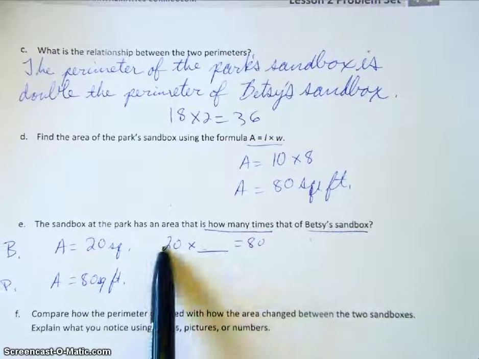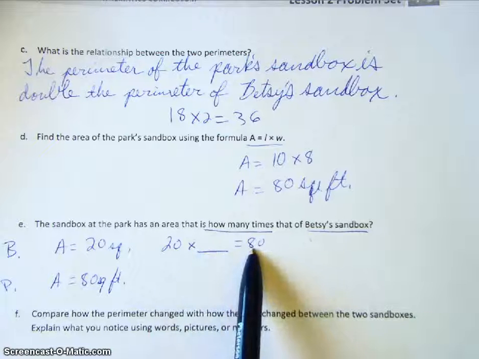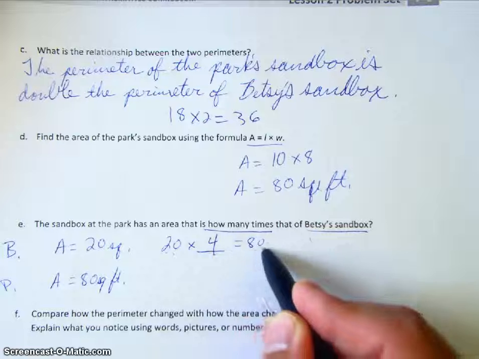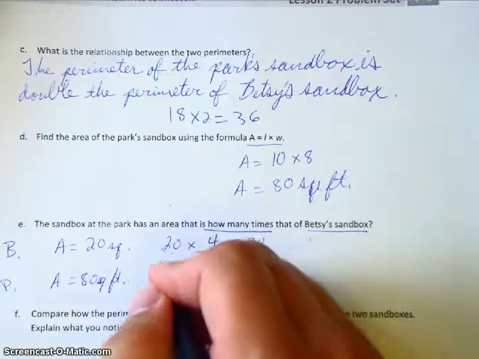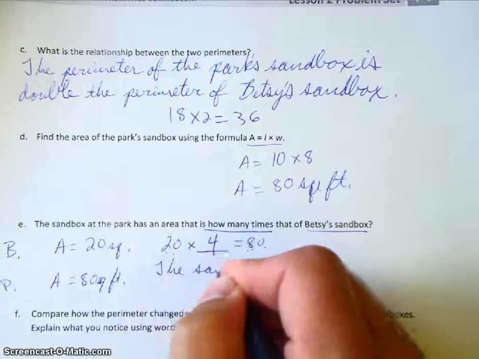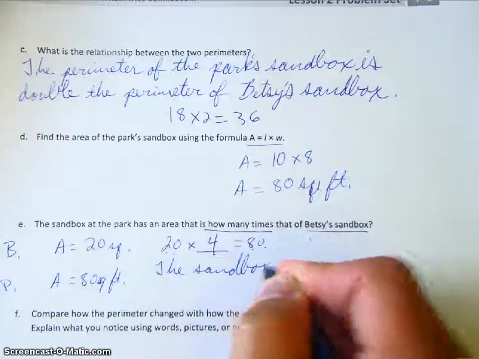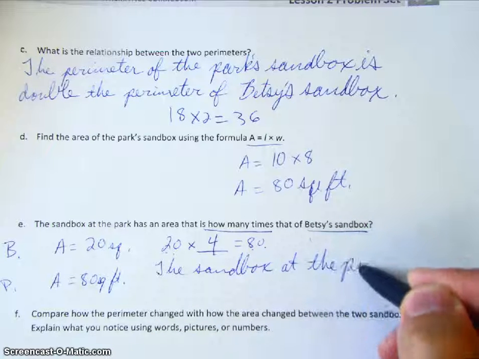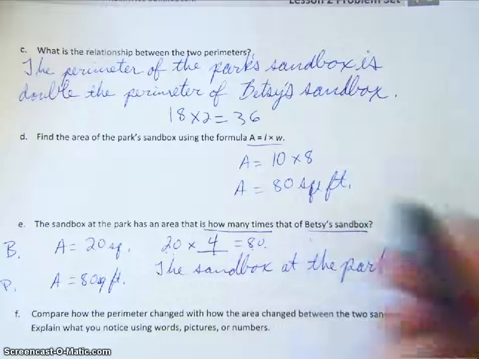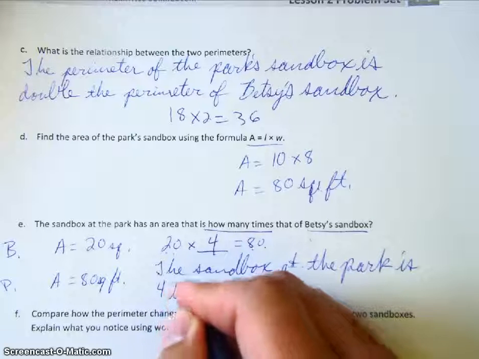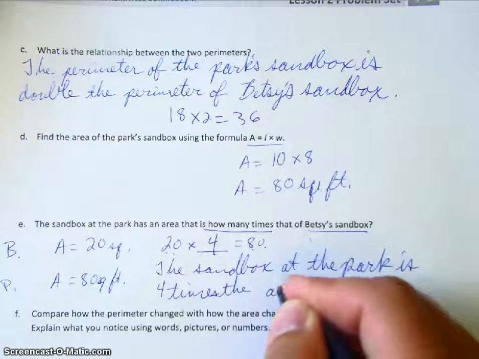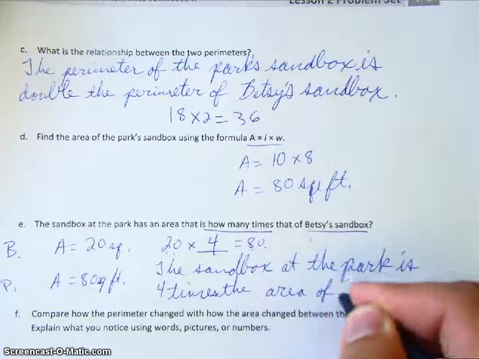I know that 2 times 4 is 8, so 2 tens times 4 is 8 tens. So the sandbox at the park is 4 times the area of Betsy's sandbox.